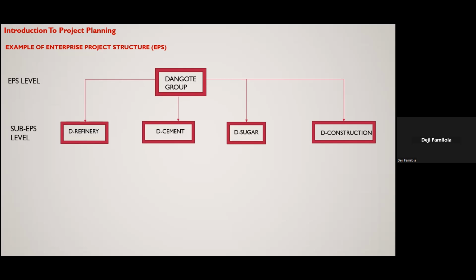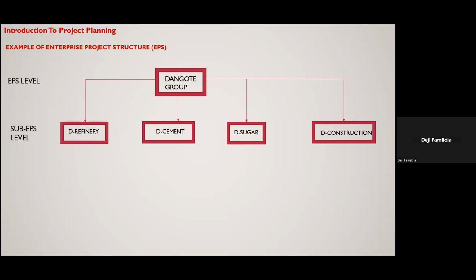What this means is Dangote wants to divide its company into subsidiaries that specialize in different things, and every project that they will be carrying out will go downstream to that particular company.